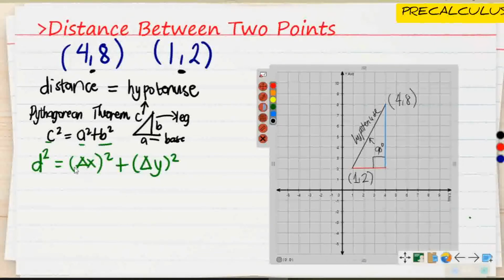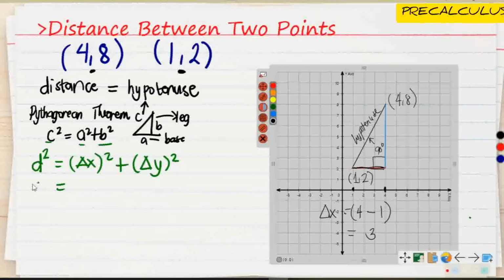Since yung change of x natin, which is the length of this base, the change in x is 4 minus 1. So the change in x is equal to 4 minus 1, which is equal to 3. So yung distance na to is equal to 3.